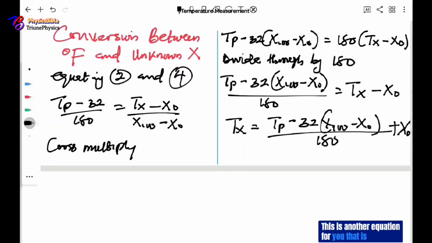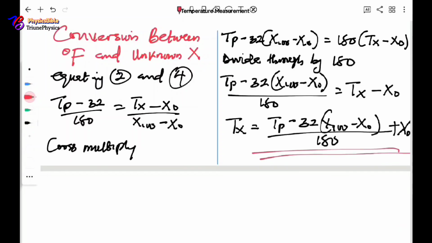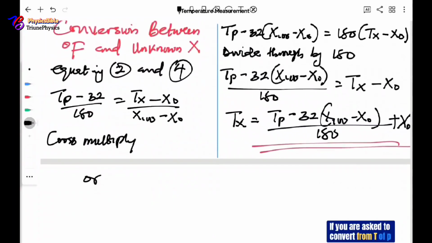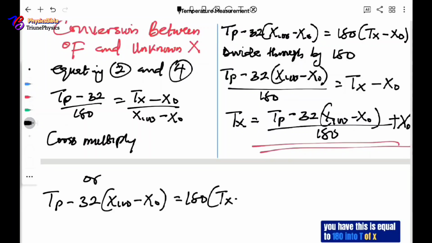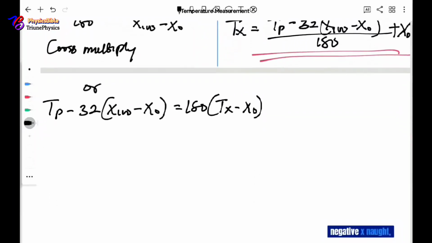This is another equation for you that is applicable to this. If you are asked to convert from T of F minus 32 into X 100 minus X naught, you have this is equal to 180 into T of X minus X naught.